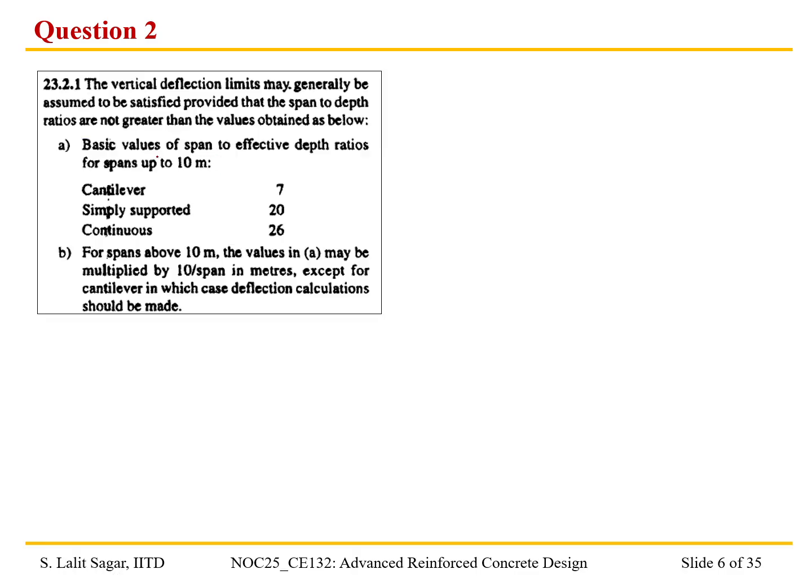Okay, so this gives us the basic value of the span to effective depth ratio for spans up to 10 meters. And here we have a continuous beam. For the continuous beam, the value of span to depth, let me write the span as L and depth as small d, is 26. But we have this clause, 23.2.1 sub-clause B. For spans above 10 meters, the values in A can be multiplied by 10 divided by span.